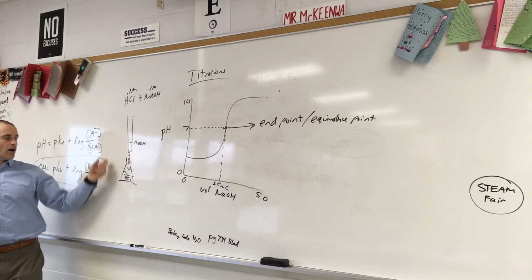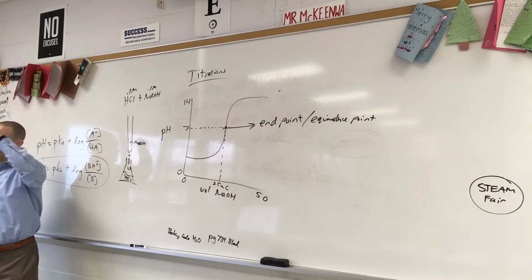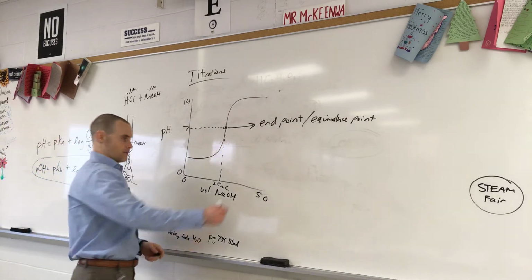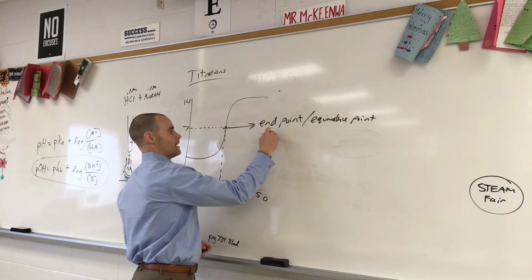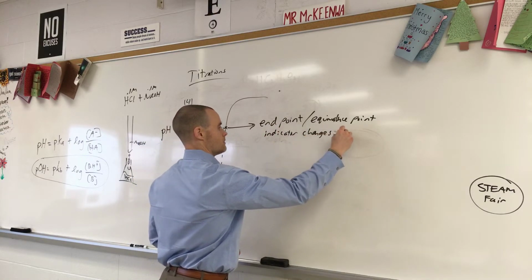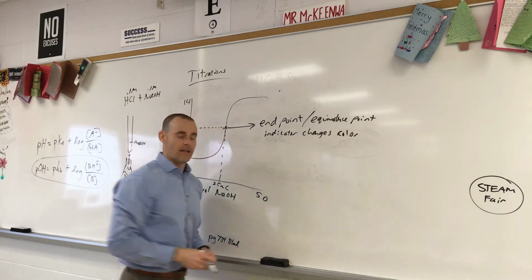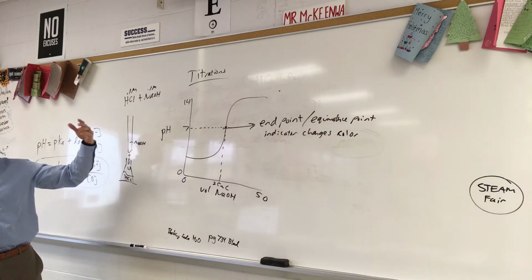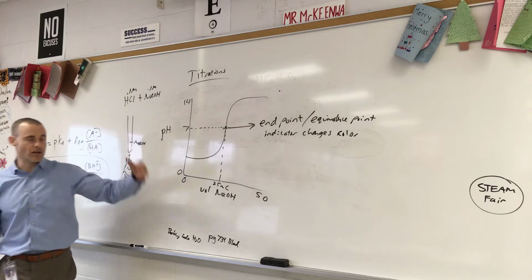Now, how do we know in a titration in lab when we reach that point? It changes. What changes? The color. Good. So the indicator changes color. Phenolphthalein is typically what we use for strong acid, strong base, and it's a very light pink color. I think you guys remember that.